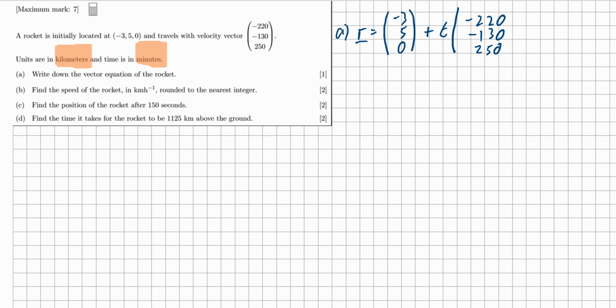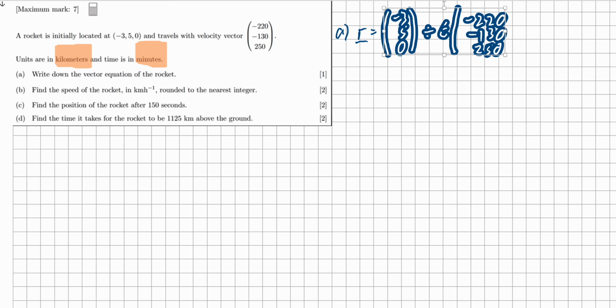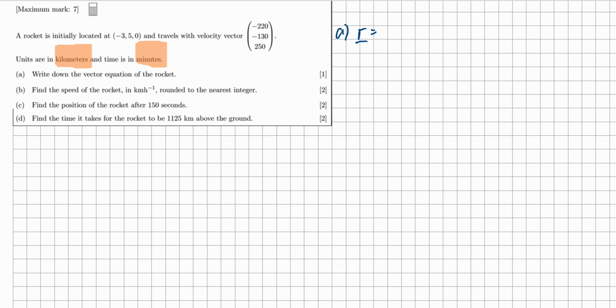Actually, let me just do that 0 again, because it doesn't look much like one. Actually, let's do it again. That's what makes it take longer. So what we're looking at is -350. Don't rush it.